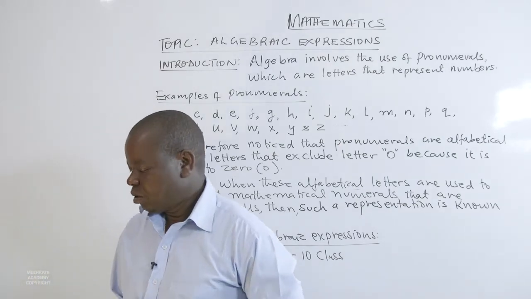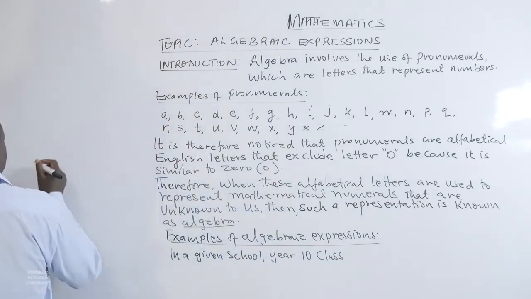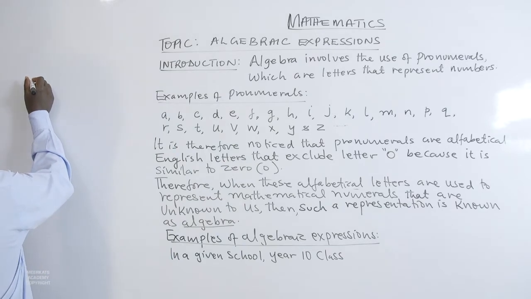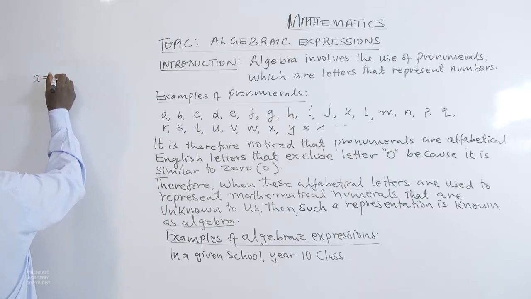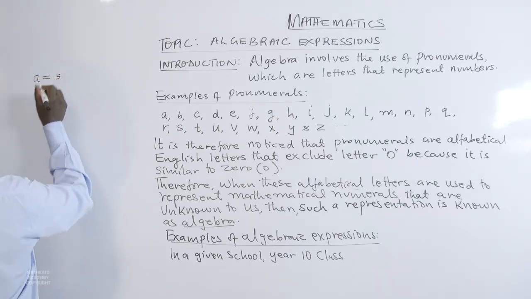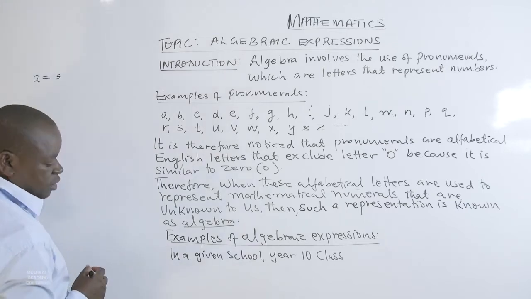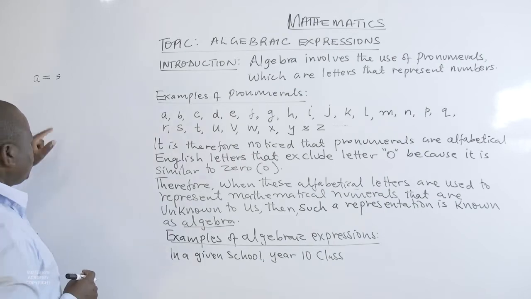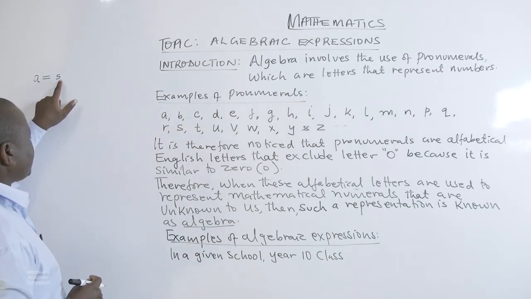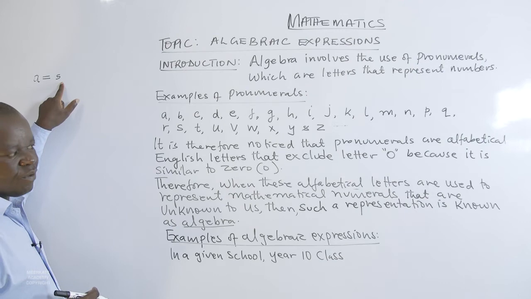For example, we can say let the letter A equal the number 5. In such a situation, this is called algebra, because we have used A to represent the number 5.